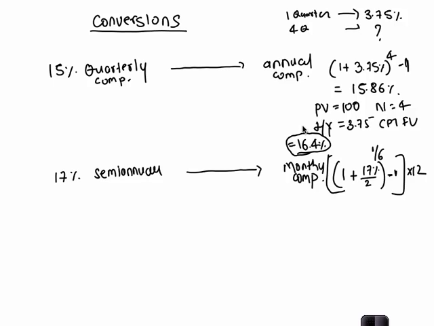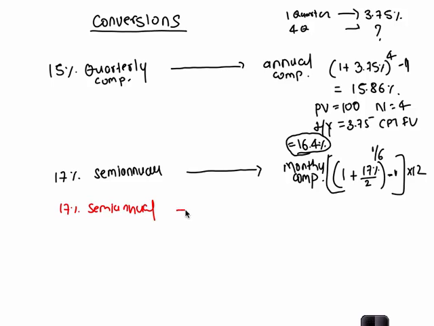So alternate is you can use time value of money. Now time value of money, again there are two methods. So let me show you both of them. I think let's keep it simple. What you do is, we know 17% is semi-annual.